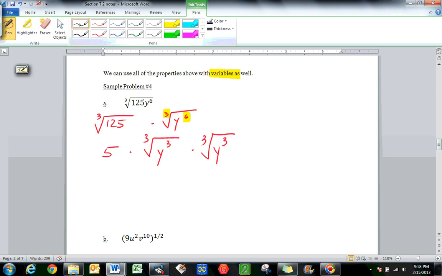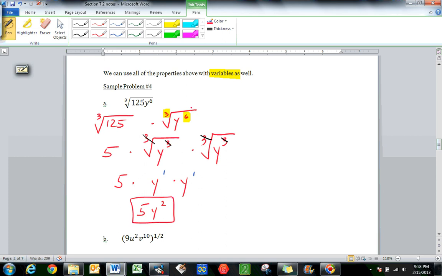So in that case, in the first one, the root and the power cancel, and the root and the power cancel in the second one. So I have this situation where I have 5 times y times y. Now remember, this is y to the 1st and y to the 1st, and so I want to combine those back together again, and so I get 5y squared.